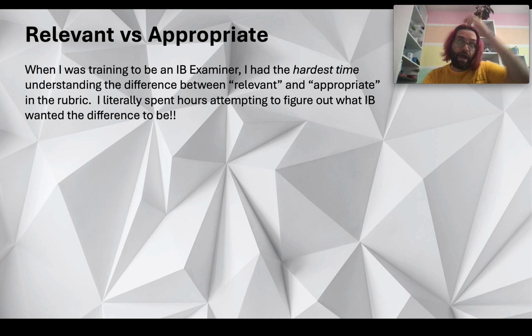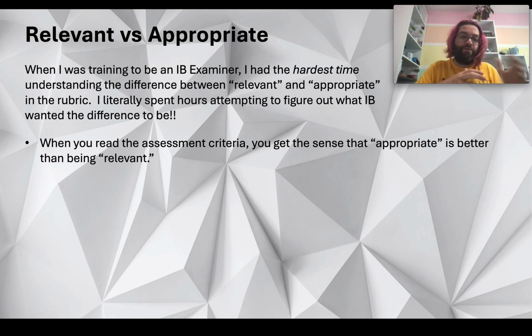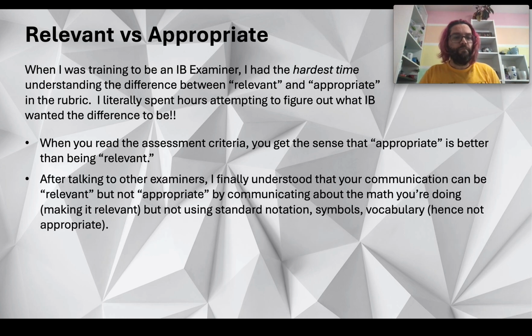I literally spent hours trying to figure out what IB wanted the difference to be. I feel like the words relevant and appropriate are close to one another. And when you read the assessment criteria, you get the sense that being appropriate is better than just being relevant.